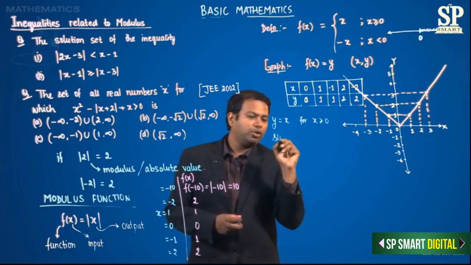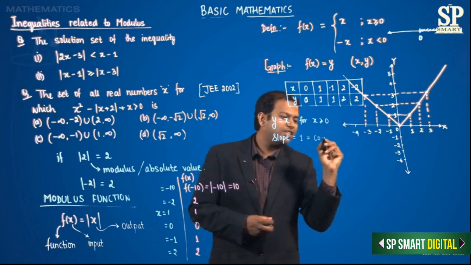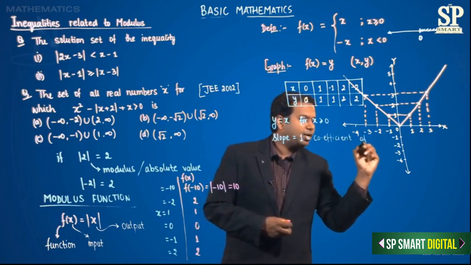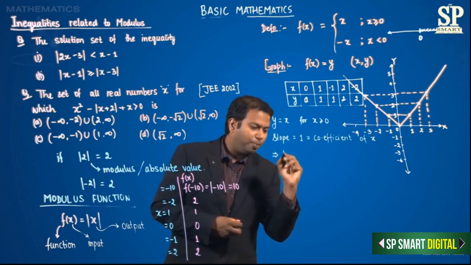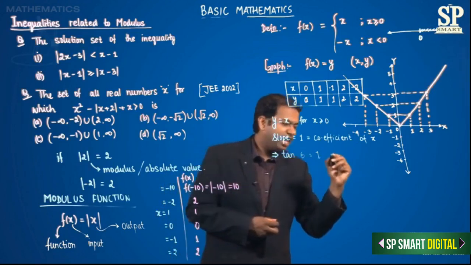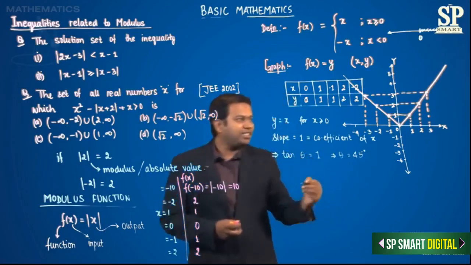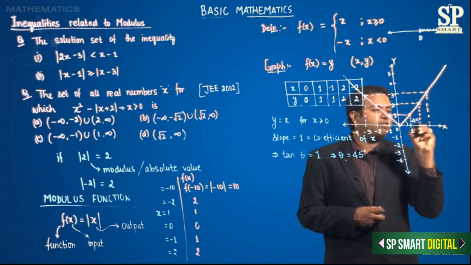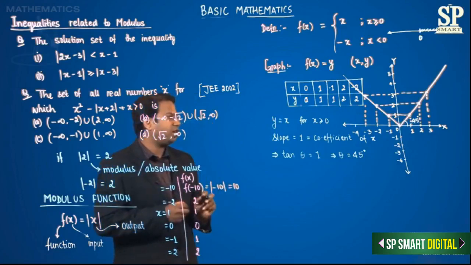Slope equal to 1 is basically the coefficient of x, and we know that slope is also defined as tan theta equal to 1, and that gives us theta equal to 45 degrees. So this is a line inclined at an angle of 45 degrees with the x-axis. This is how the positive side looks.